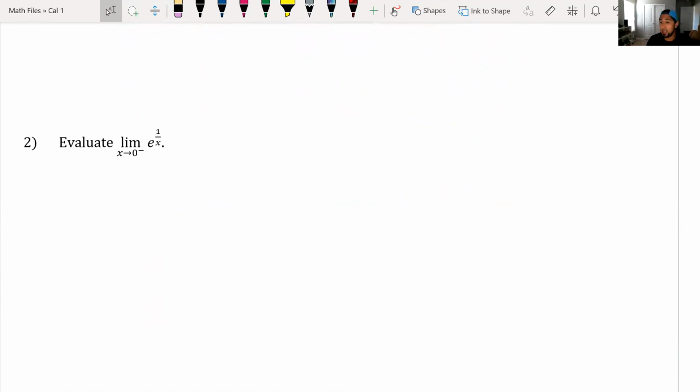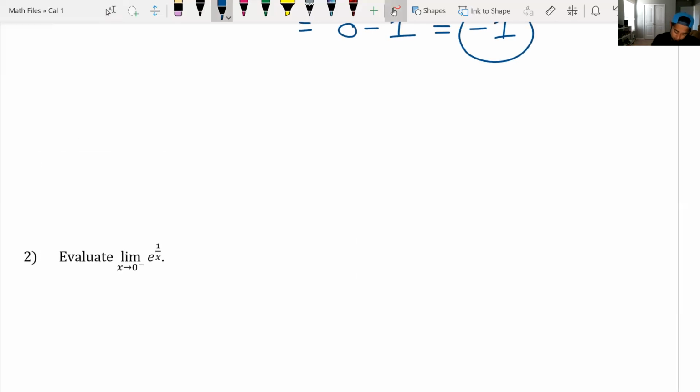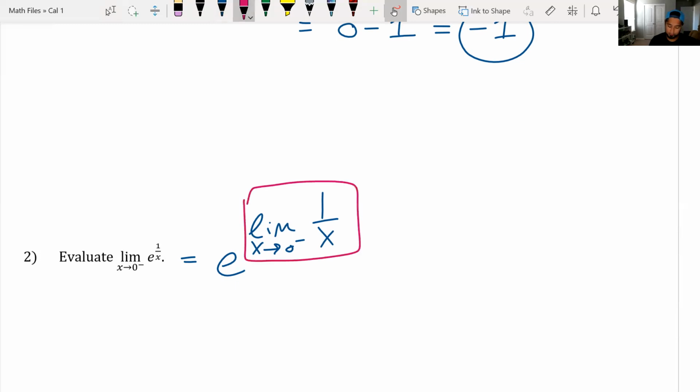It's made of the function e and made of the function 1 over x, which simply means that we can actually rewrite this as e to the limit as x approaches 0 from the left of the function 1 over x. And the only thing we're worried about right now is finding what this limit is.